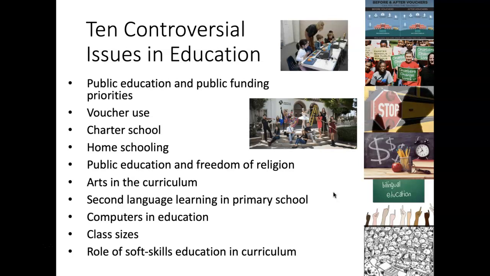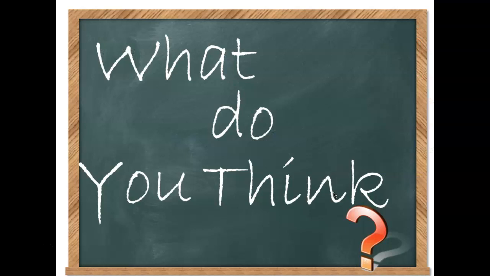Class sizes are increasing all the time. So can a teacher be as effective with 30 kindergartners as they can be with 20 kindergartners? The final controversy that we look at is the role of soft skills in curriculum. Those skills that allow us to cooperate and collaborate with others, those skills of communication. These are debates every time we look at curriculum within schools.